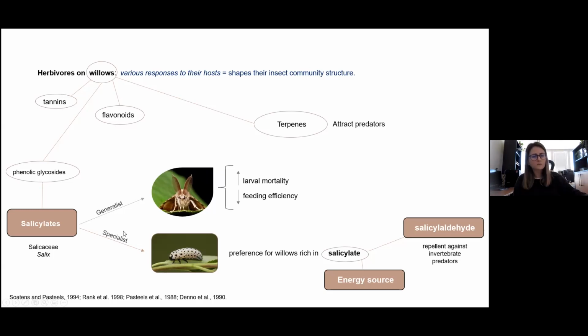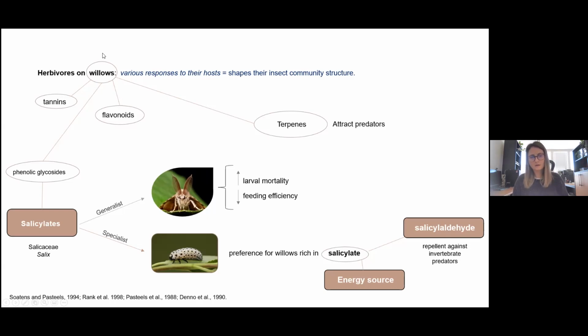But when it comes to specialist herbivores, these defenses are not so effective, because these specialized herbivores can even prefer to feed on willows that are rich in salicylate, because they can use salicylate as an energy source or even sequester this compound to use it as a precursor to produce salicylaldehyde, which can then be used to repel invertebrate predators.